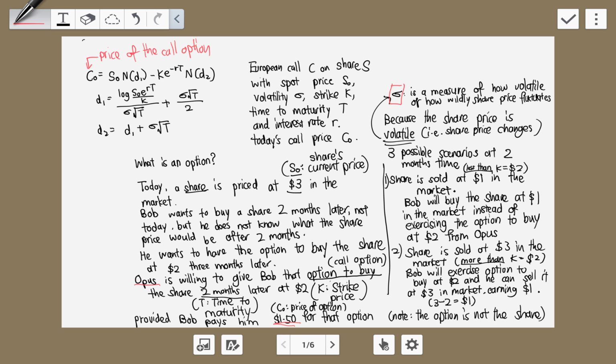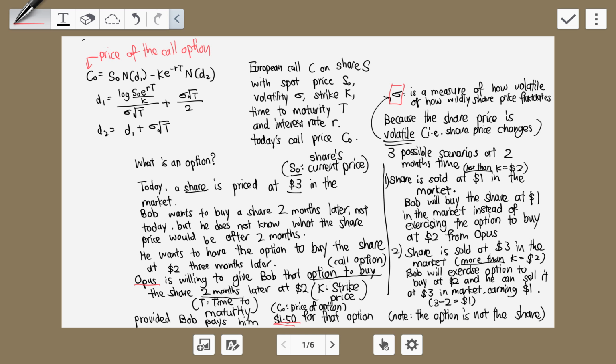Now, the choice left with Bob is whether to exercise the option, that means whether to buy the share at $2 from Opus or to buy the share at $1 in the market. Of course, now Bob can buy it cheaper at $1 in the market. He wouldn't exercise the option to buy at $2. So he will just give up on the option.